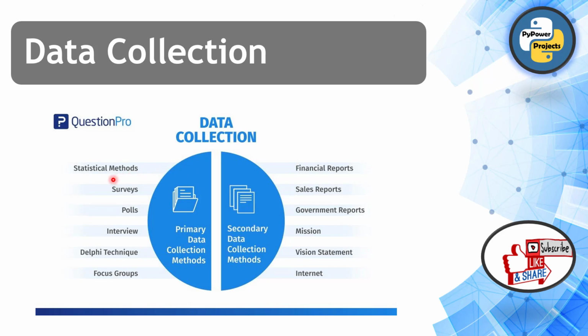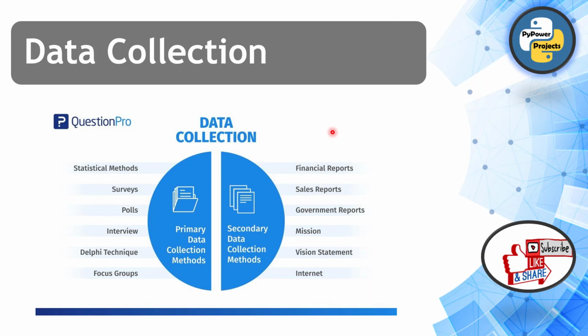For example, surveys, they are raw data. There are no operations that have been performed on that data. And secondary data collections are quite more reliable, that are reports, maybe from year to year, from quarter to quarter, where some kind of operations have been calculated on that data, and there is some extension of the data that was previously collected. So both collection methods are useful in collecting data.